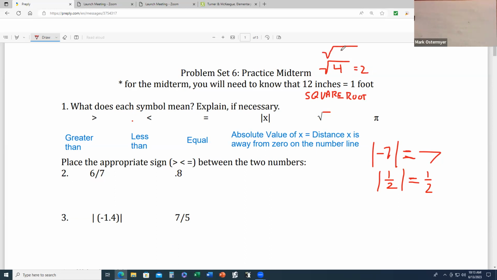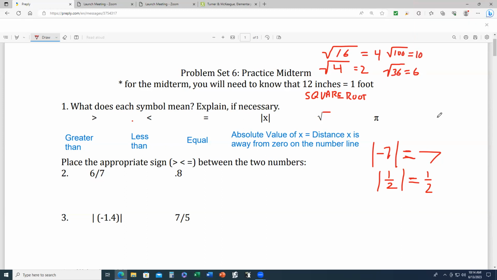The square root of 16 is 4. The square root of 36 is 6, because 6 times 6 is 36. The square root of 100 is 10, because 10 squared is 100.